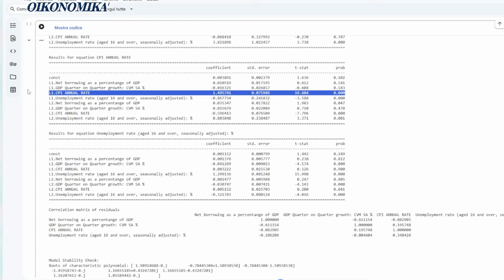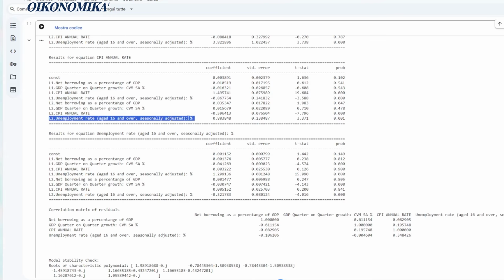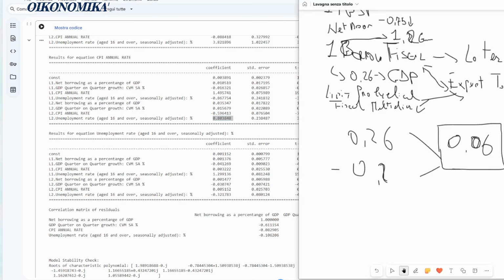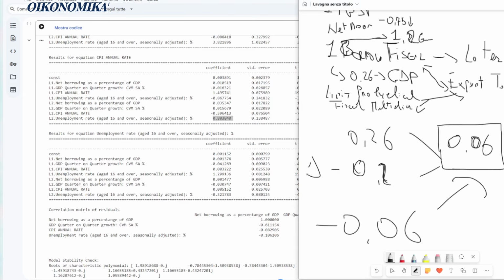We will see another. Unemployment goes up, but with two lags before unemployment goes up, it has a positive effect on inflation. The change in unemployment has a minus 0.06, which is very similar to the difference if we have a negative delta in GDP of minus 0.2. If I have 1 plus 1 fiscal spending, I have positive GDP.